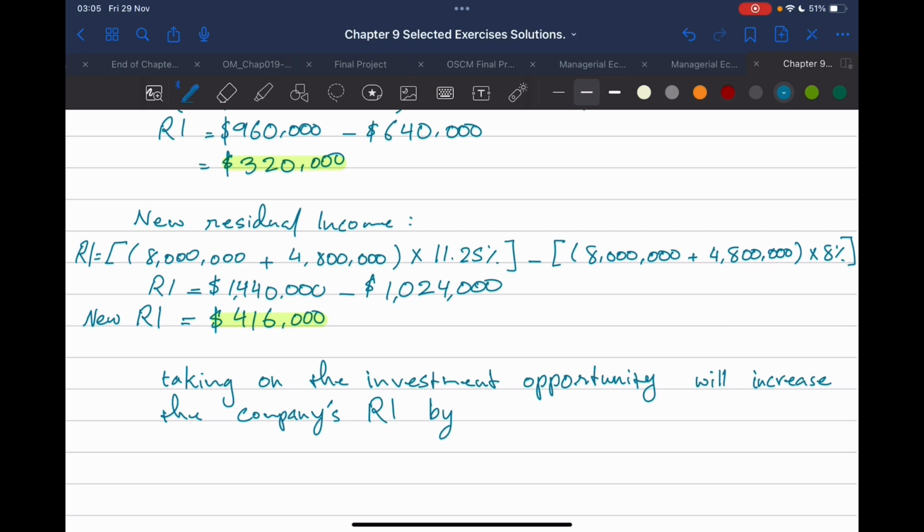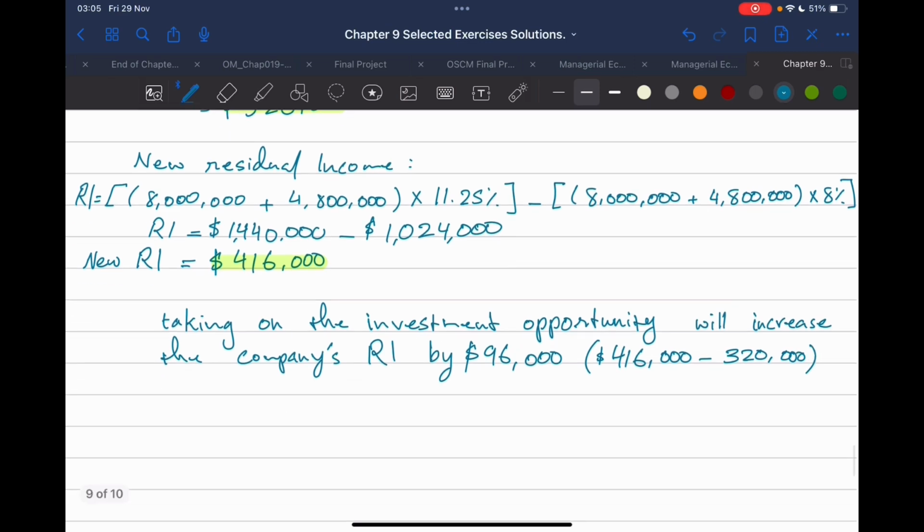That is an increase of $96,000. Between brackets I will also show where I got this number from, because I did not mention it earlier. So that's 416,000, the new residual income, minus 320,000, which is the current residual income.